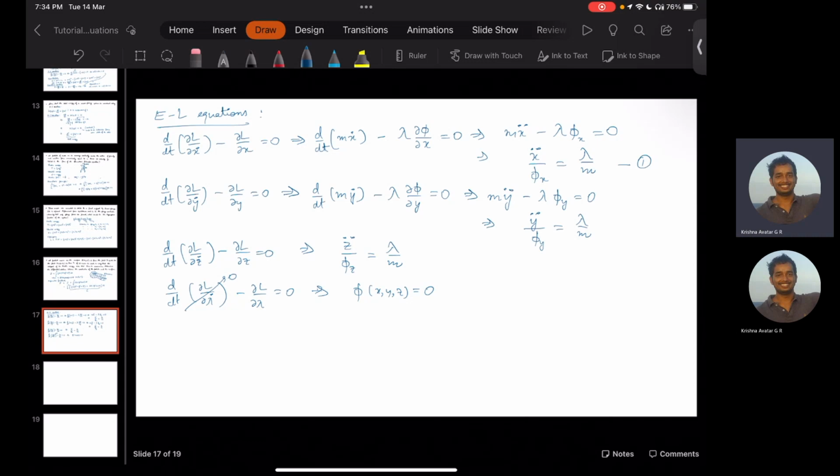So from equations 1, 2, and 3, what we see is that all these equations have the same term on the right hand side. So the conclusion from 1, 2, and 3 is that x double dot divided by phi x is equal to y double dot divided by phi y, and so on.